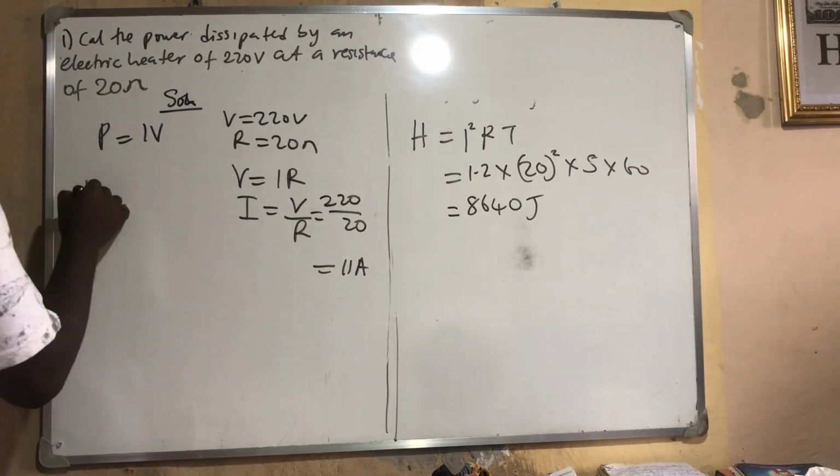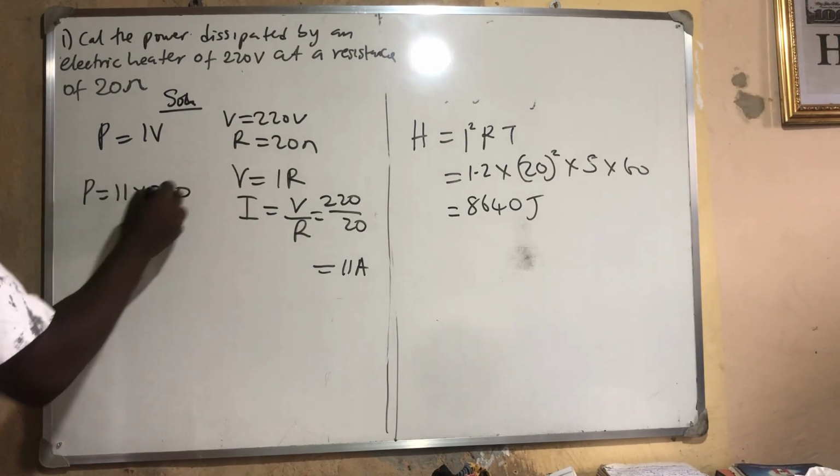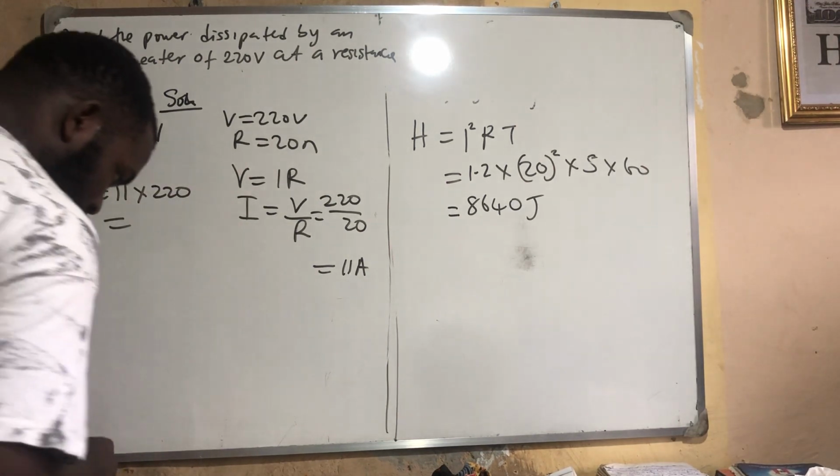So if you now put it here, my power is equal to 11 times 220.